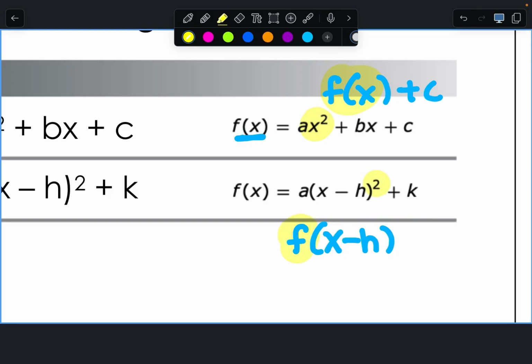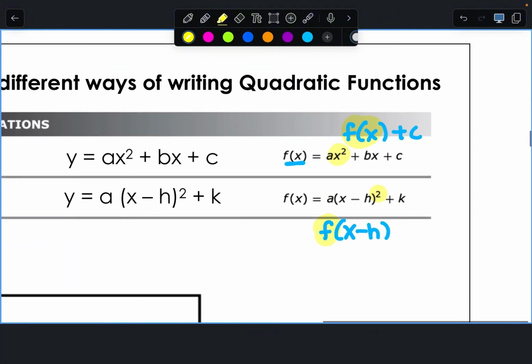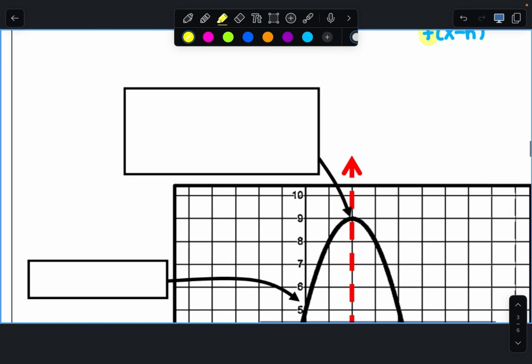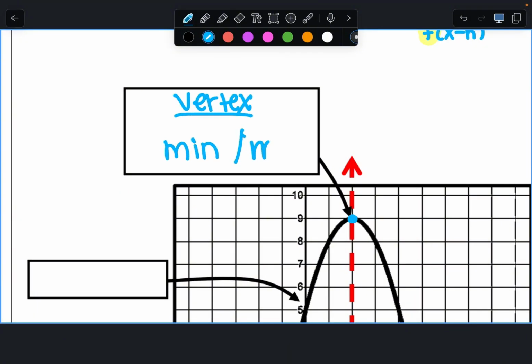Now, different parts of the parabola, just because you can get tested over all of them. That very first point is pointing to the what? Vertex. To the vertex, and your vertex is also known as your what? Your minimum or your maximum, but this one is specifically a maximum.